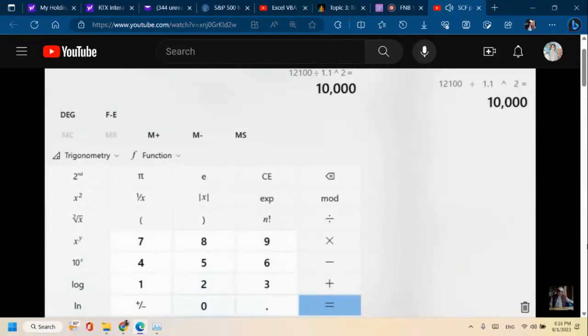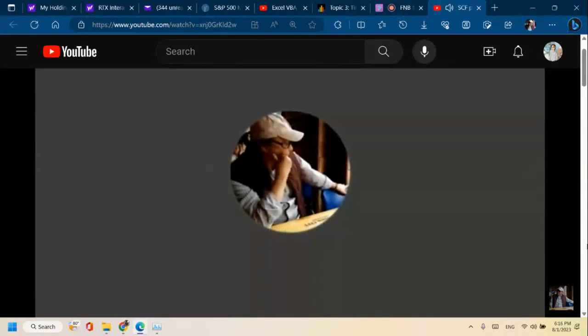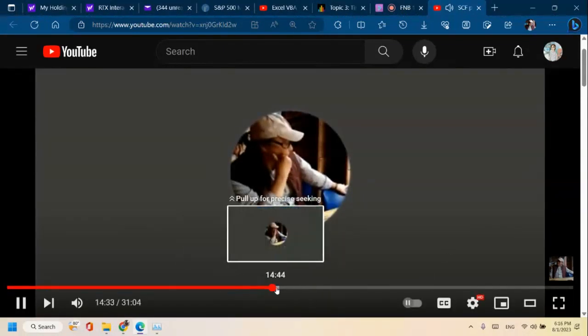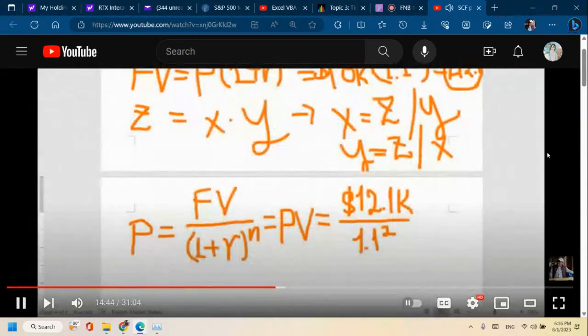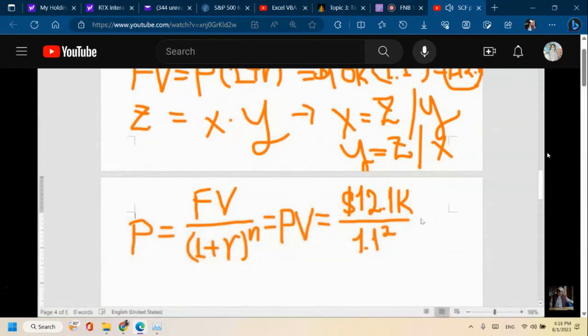Okay, that's what you see now. And we know what it's going to give you. It's exactly 10. So if you think about it, this is a reverse process of compounding, isn't that right?